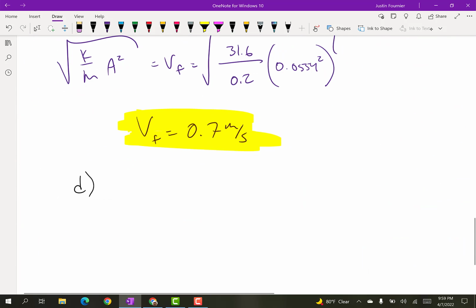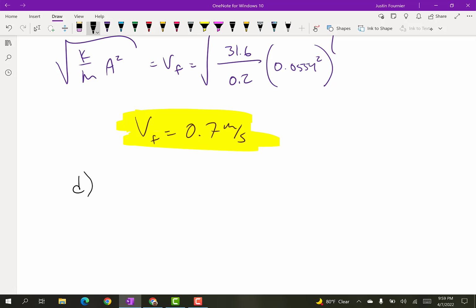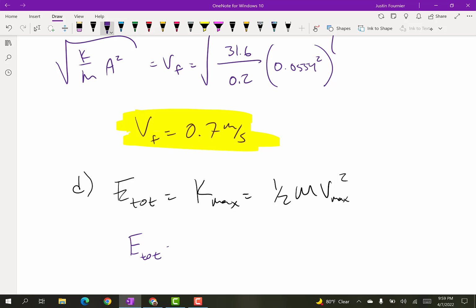I got the velocity right there, so might as well just use the kinetic energy. So the total energy is the maximum kinetic energy. That would just be 1/2 m v max squared. So the total energy would be 1/2 times the mass, which is 0.2, times the maximum velocity, which is 0.7 squared.